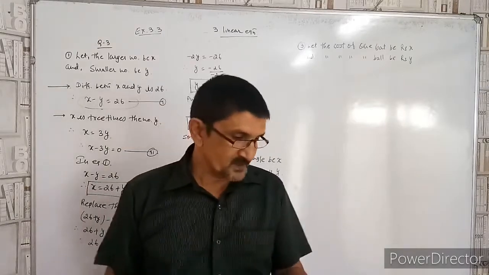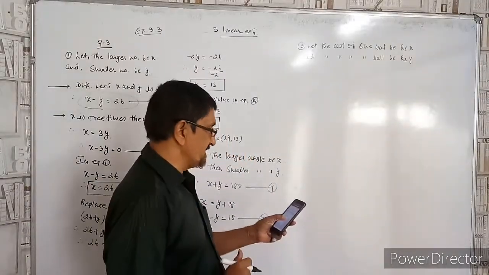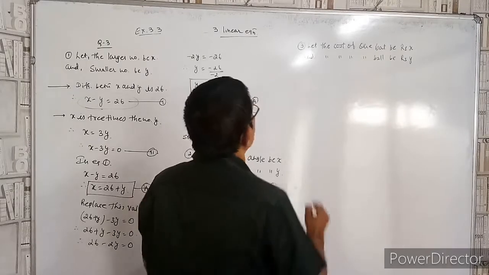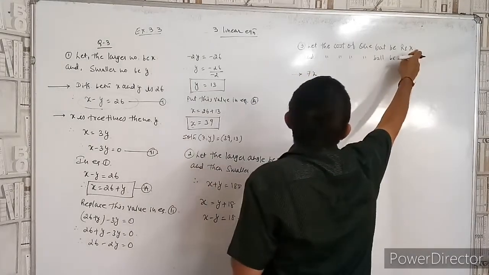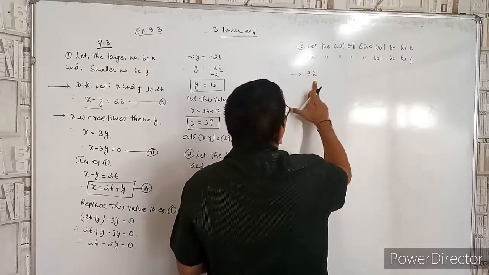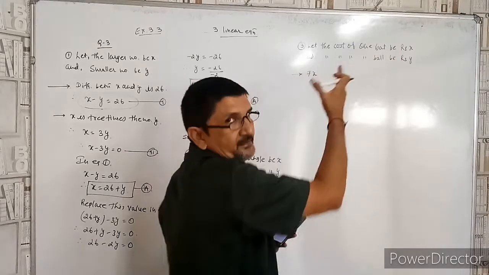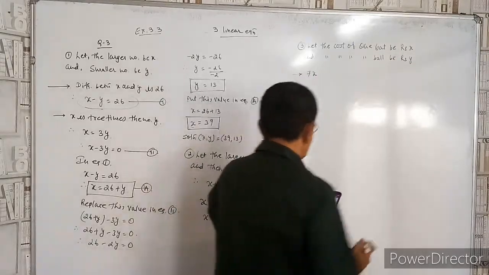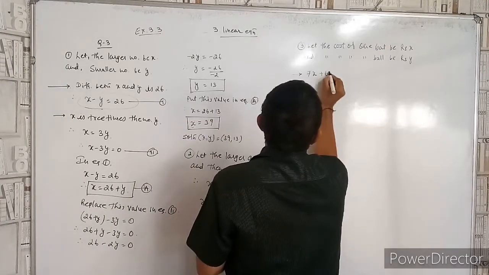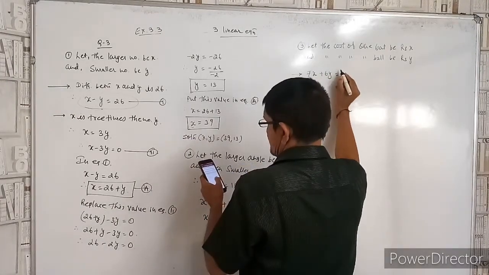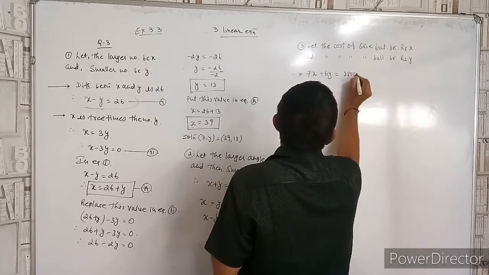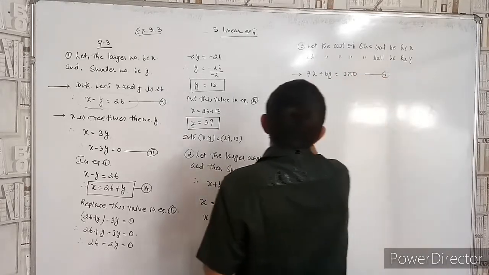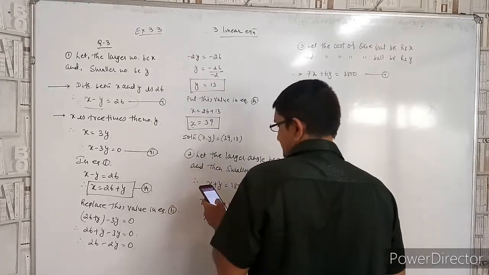Now some comparison is given with the number 7 bats. First equation: 7 bats. One bat costs x, so for 7 bats it will be 7x plus 6 balls, the cost is 3800.